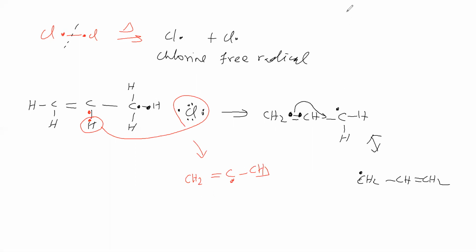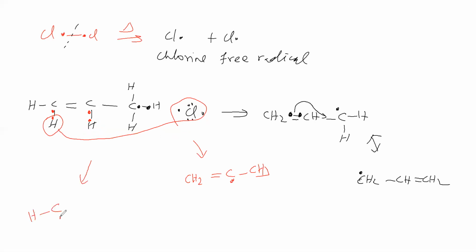So next point we will see. This dot is dissociating, taking Cl dot, so HCl will be removed. So we will get CH dot double bond CH CH3. This free radical is not going for resonance.